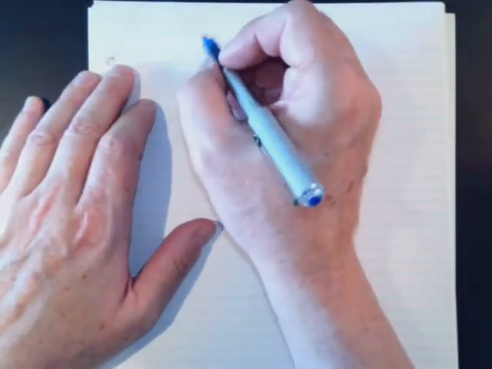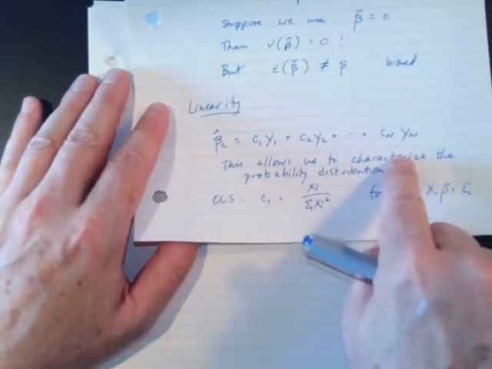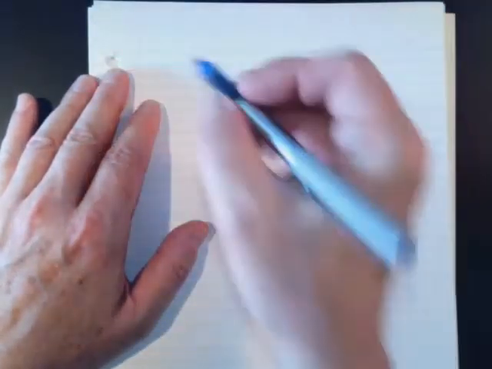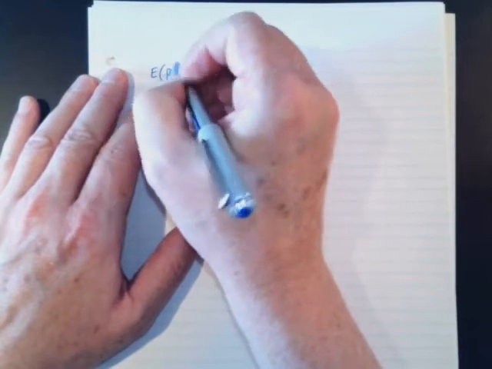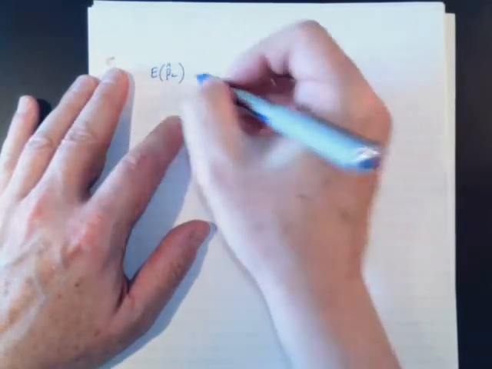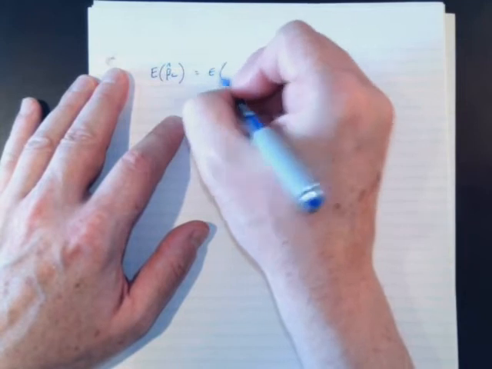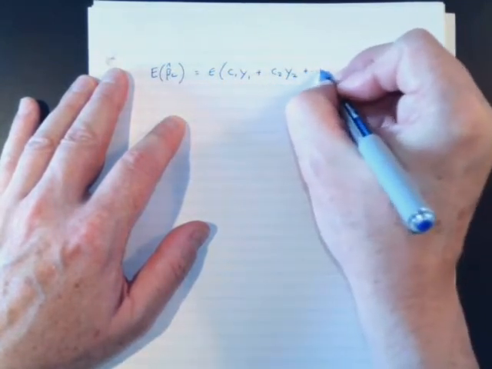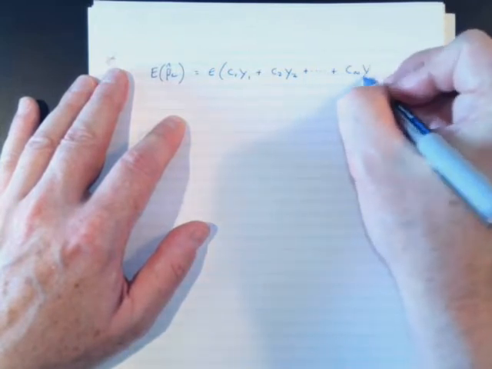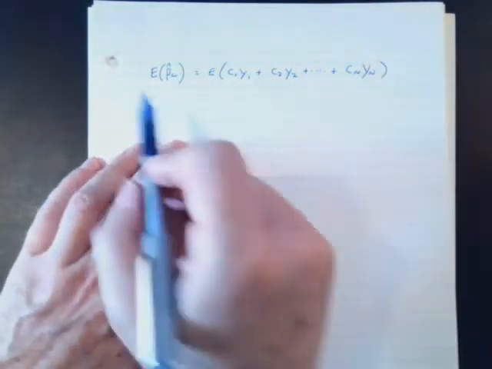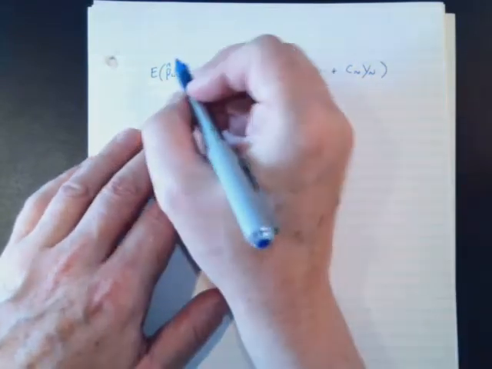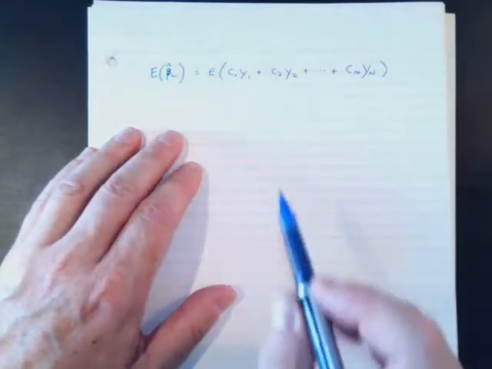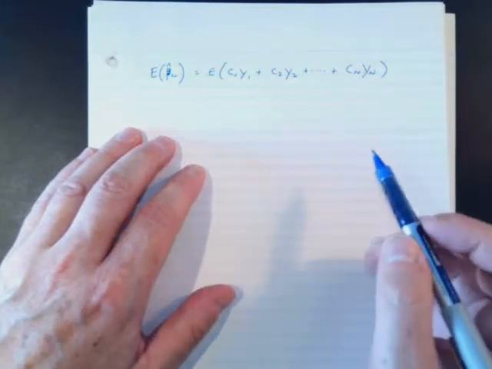Okay, so the form that we're going to use for our estimator then is the linear function. So let's take the expected value of that linear estimator, so that's the expected value of c1 y1 plus c2 y2 plus ... plus cn yn. I'm doing this because I'm going to want to check and figure out what needs to be true for this to be an unbiased estimator.